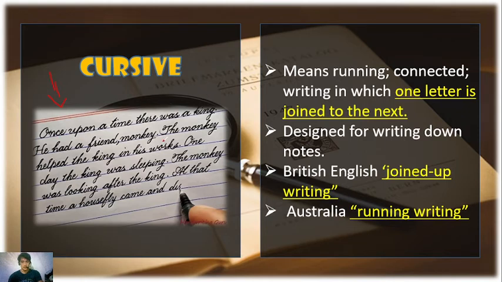The letters are joined with each other, so we can easily write down notes. In British English they say that it is joined-up writing, and on the other hand the Australians say that it is running writing. But generally we call it cursive writing.